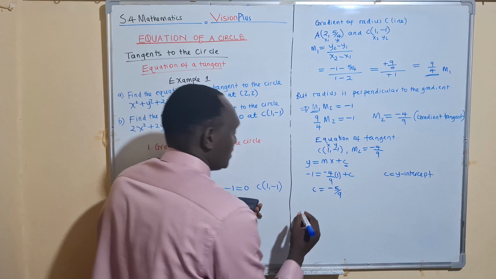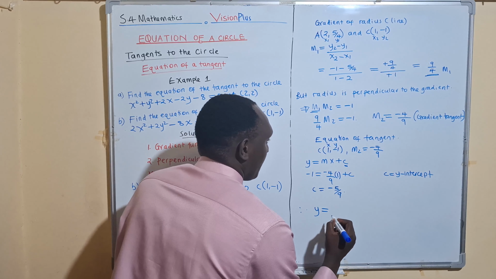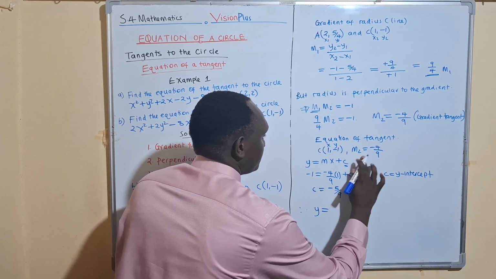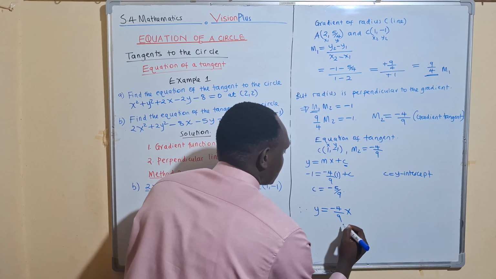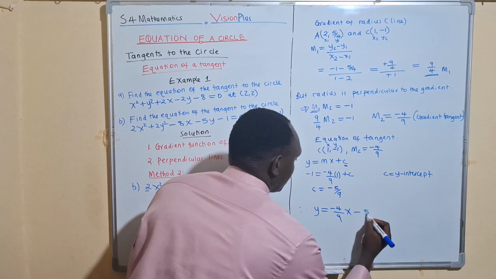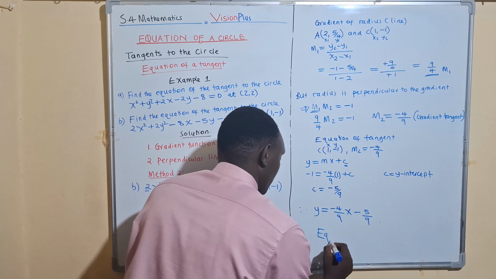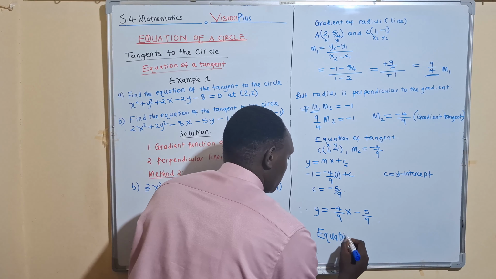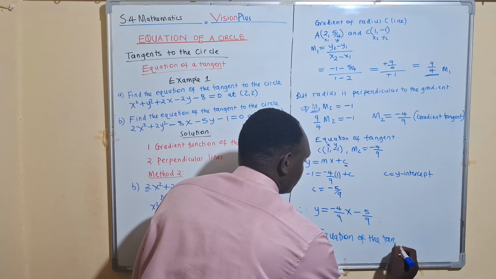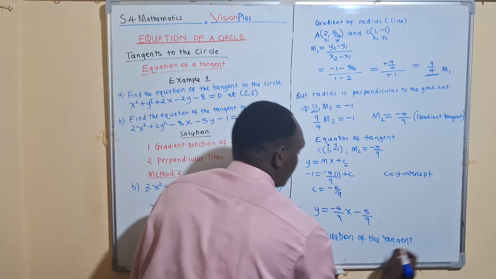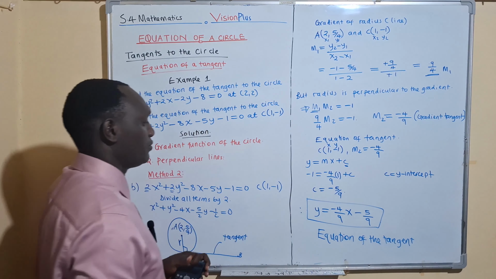After getting c, we say therefore the equation becomes y equals negative 4 out of 9 x minus 5 out of 9. This is now the equation of the tangent that we are looking for. Please compare this answer to the answer we got using the method of the gradient function.